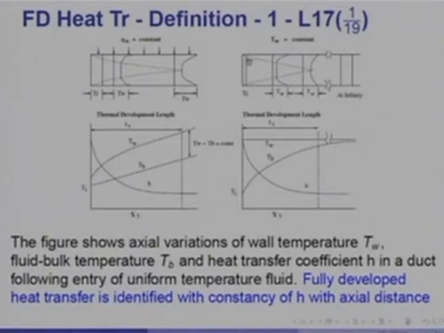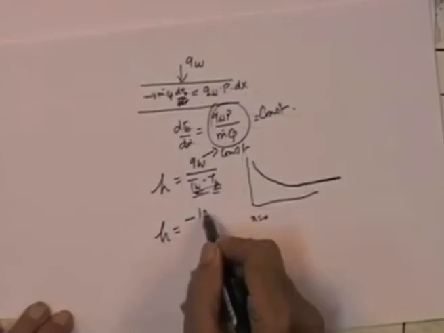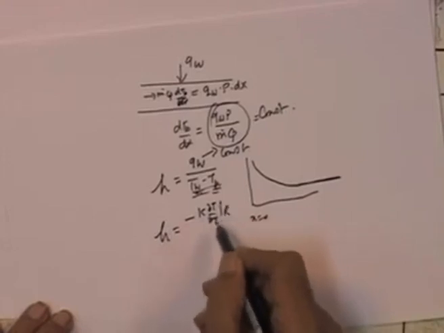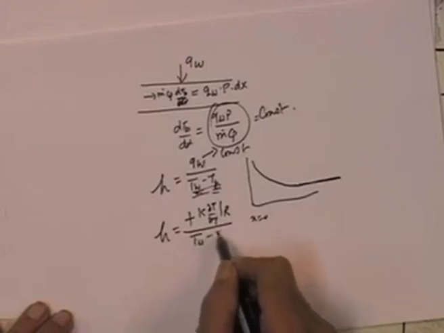To begin with, the gradient of temperature at the wall is very large, and therefore, h, which is minus k dT by dy at r or plus here, divided by T wall minus T bulk.